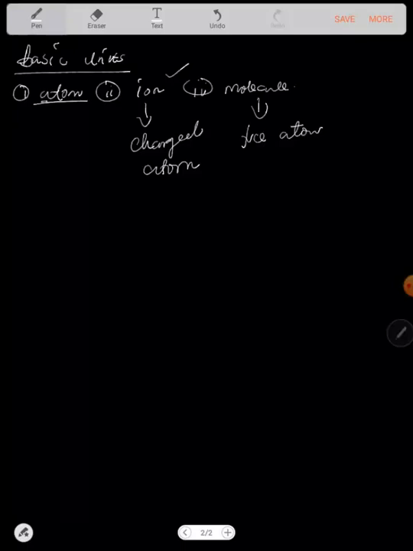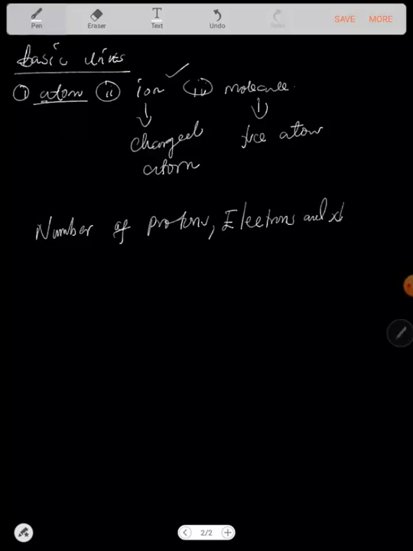Now, we can look at how we find the number of protons, electrons and neutrons.